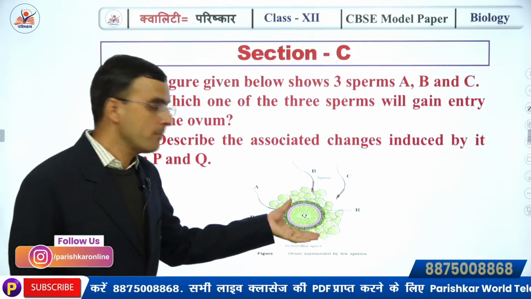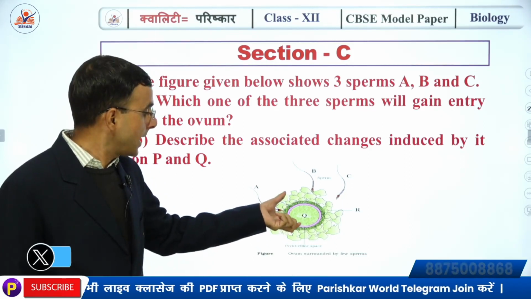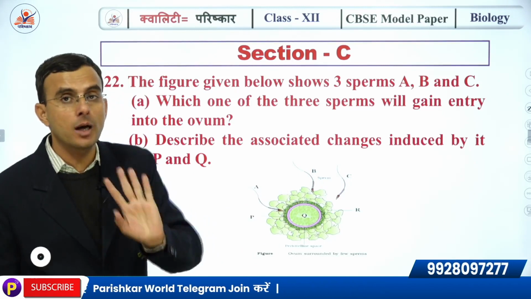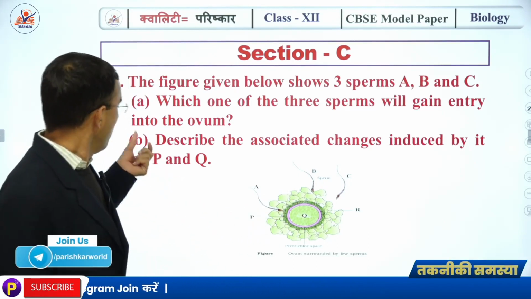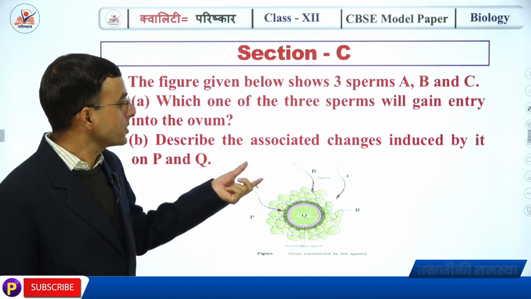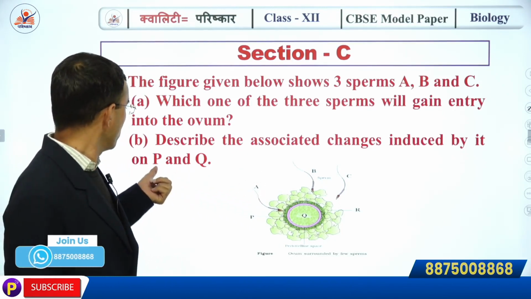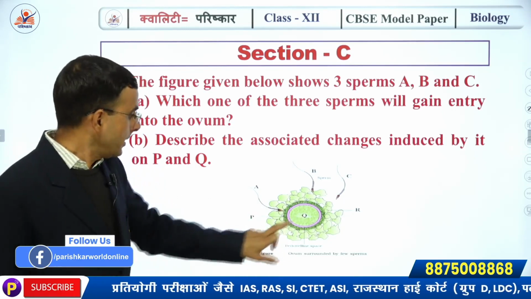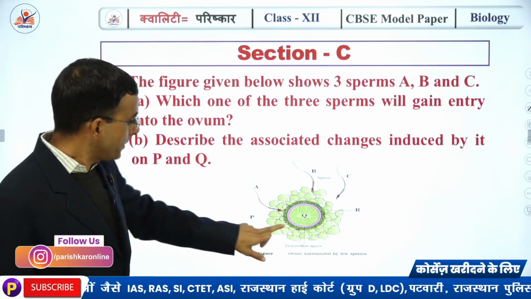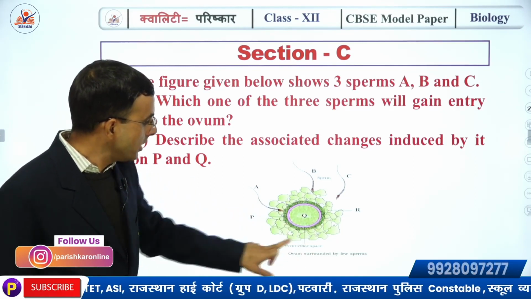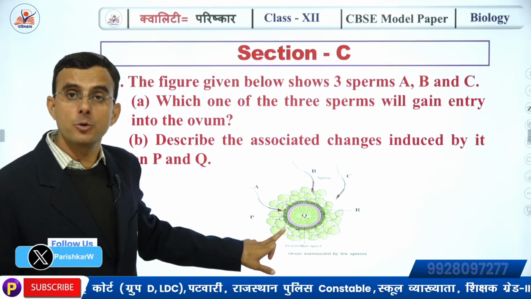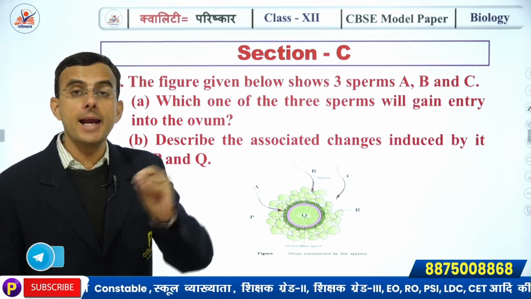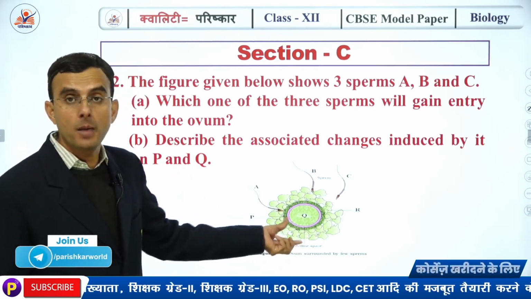And second, describe the associated changes in P and Q. Look at this one. Q is the ovum, and P is the outermost boundary, the zona pellucida of the ovum. So what is the effect after the sperm enters the ovum?